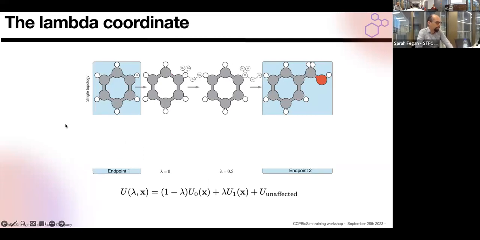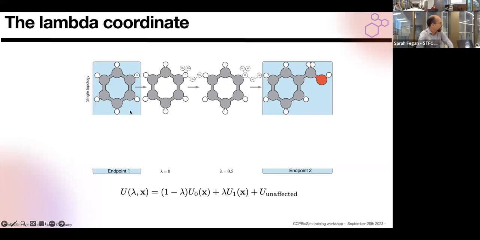There are various tricks that must be followed in order to implement successfully an alchemical free energy calculation. And one of the most important concepts is that of the so-called Lambda coordinate. In order for this free energy estimate to numerically be reliable and converge on accessible time scales, we cannot alchemically transform molecule A into B in one go.